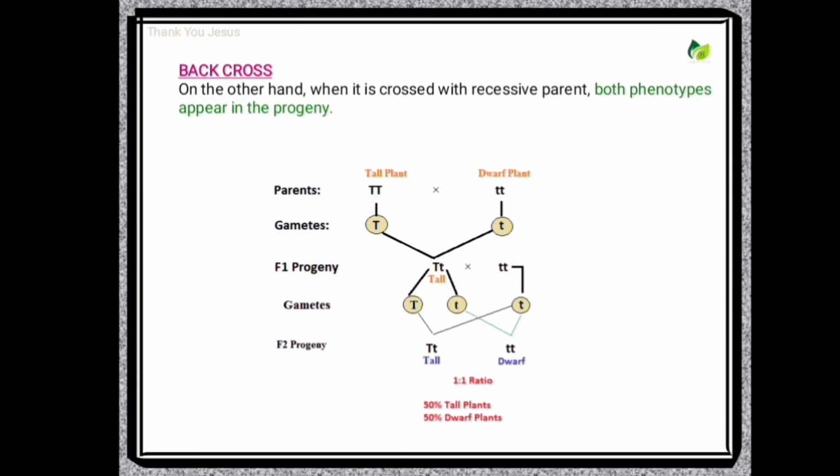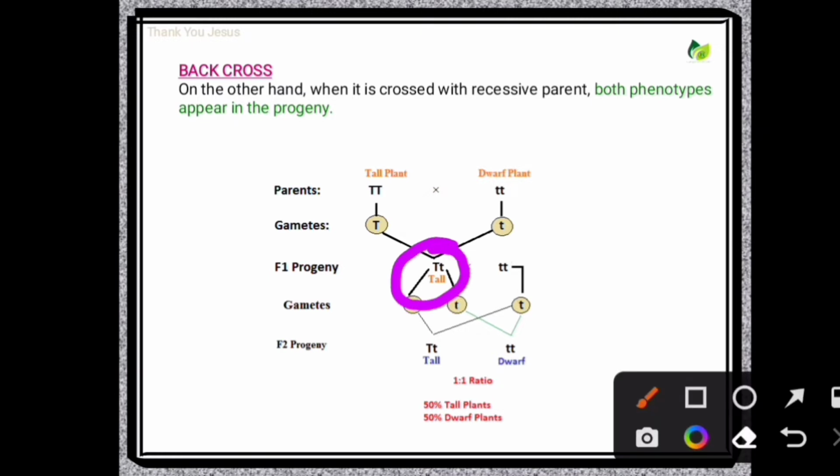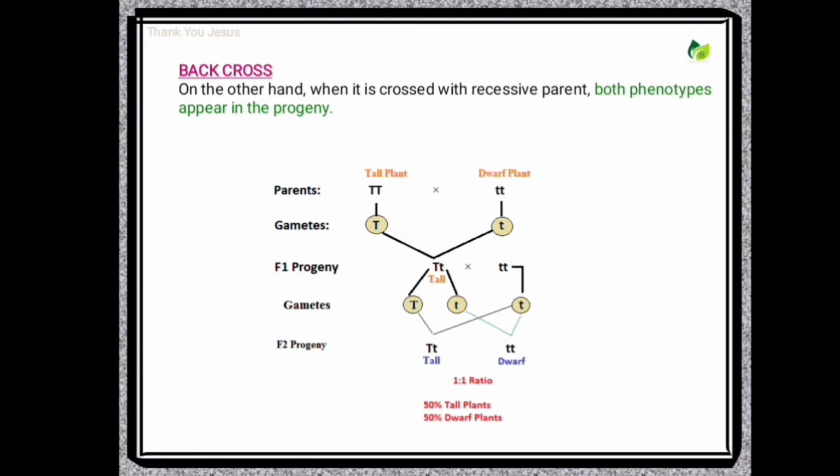On the other hand, when it is crossed with the recessive parent, such as small t small t, both phenotypes appear in the progeny. 50% of plants show the tall phenotype and the remaining 50% show the dwarf phenotype.